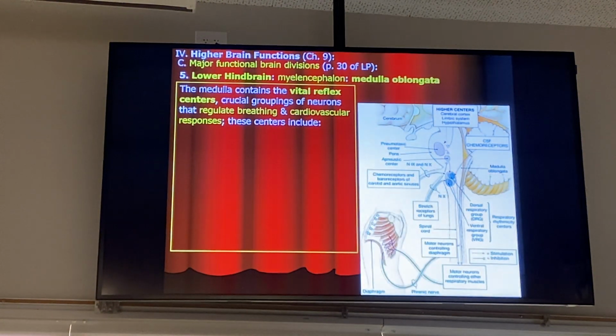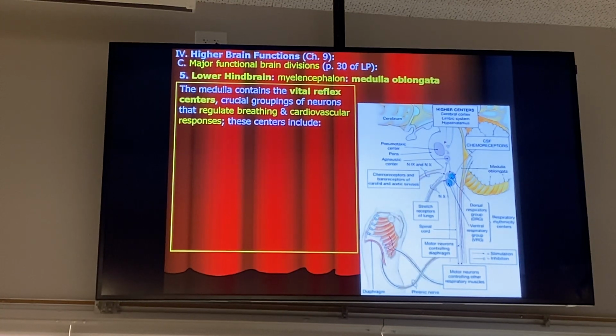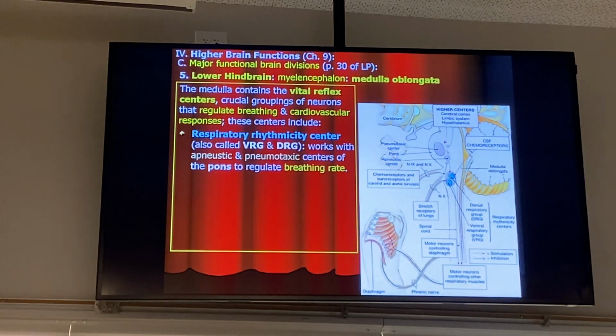Okay, this is key. Vital reflex centers, that's the VRC. There are 3 of them. A, B, C. Here's the RRC.